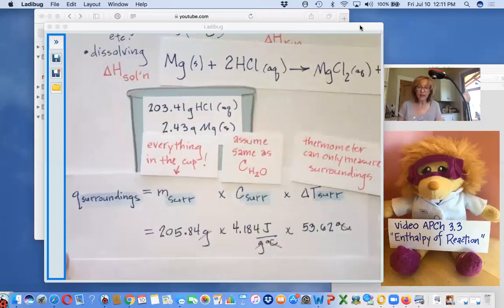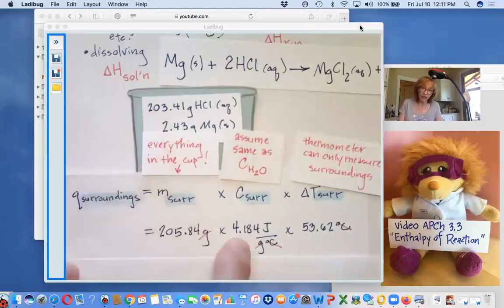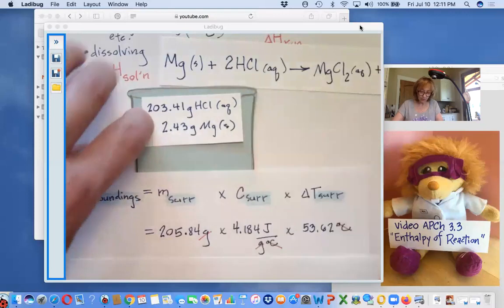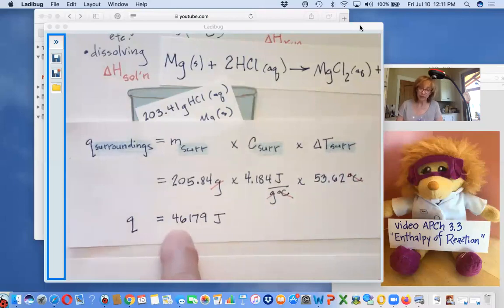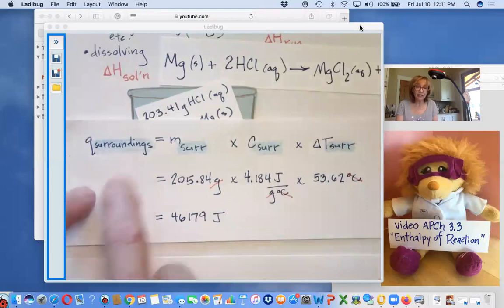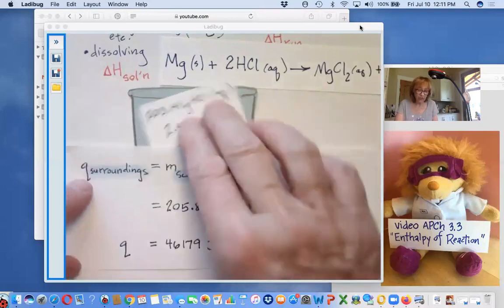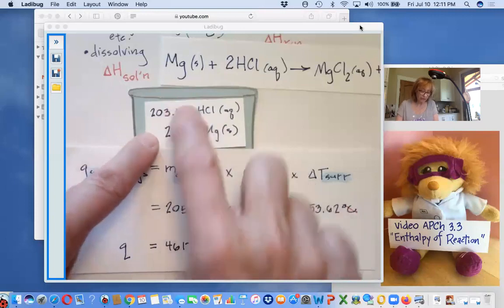So when we plug in our values, the total mass of everybody in the cup, the specific heat capacity, and the temperature change, then we get a value for Q, the heat energy, 46,179 joules. Now, that Q is the heat energy that was involved in this particular trial with these amounts of reactants.